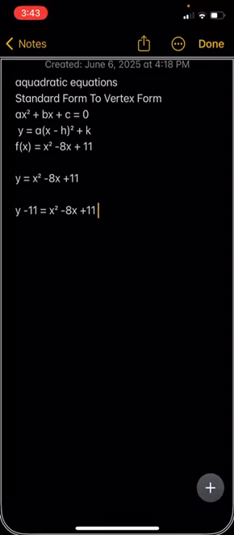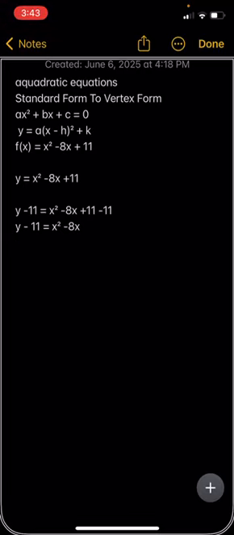We subtract 11 from this right side to keep the equation balanced. On the right side, the 11s will cancel out, leaving us with y minus 11 equals x squared minus 8x.